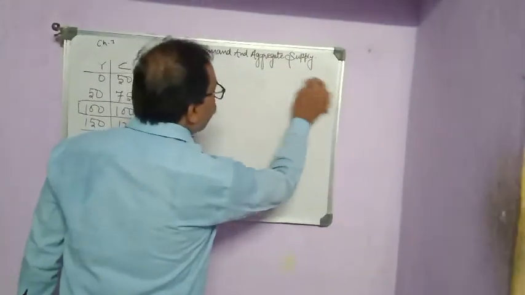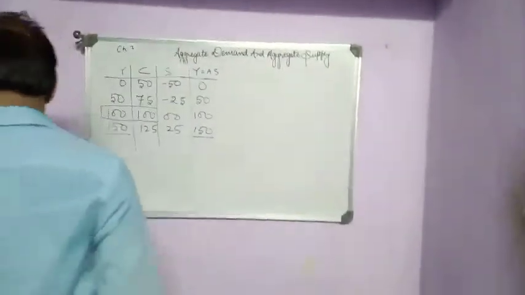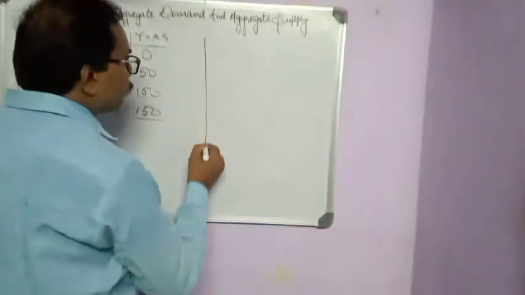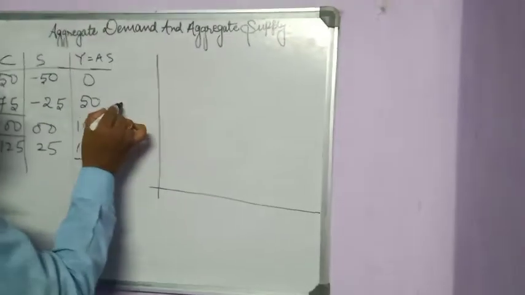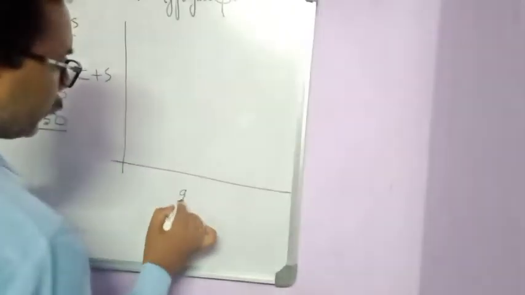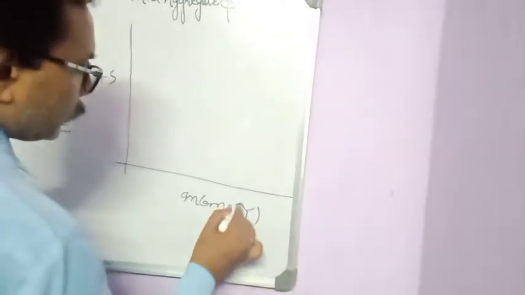So here I just want to draw a diagram, and one thing that is most important: on the y-axis we will take C plus S, and on the x-axis we will take income, or we can say Y. Clear?